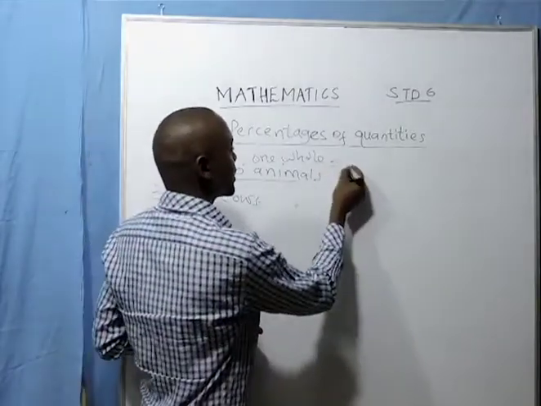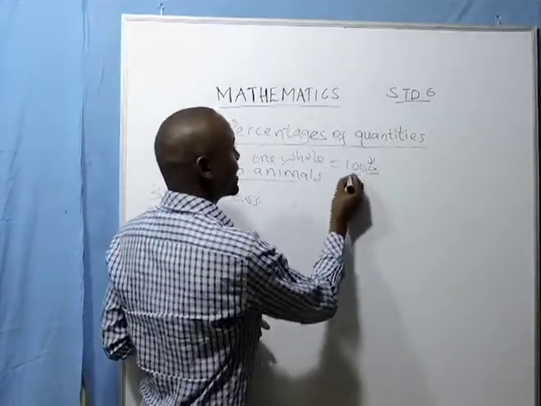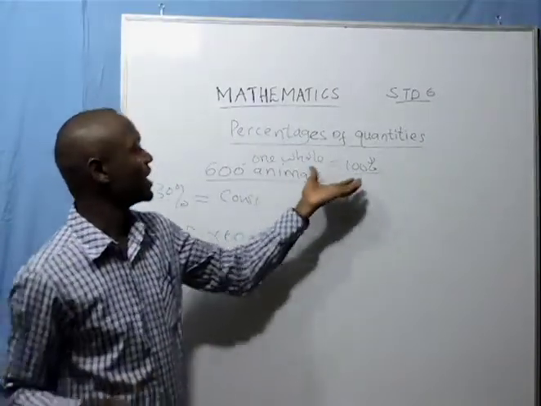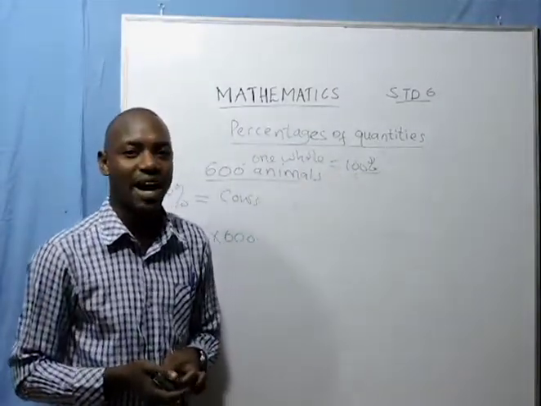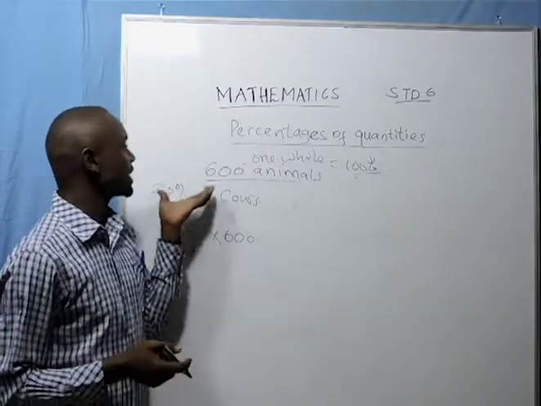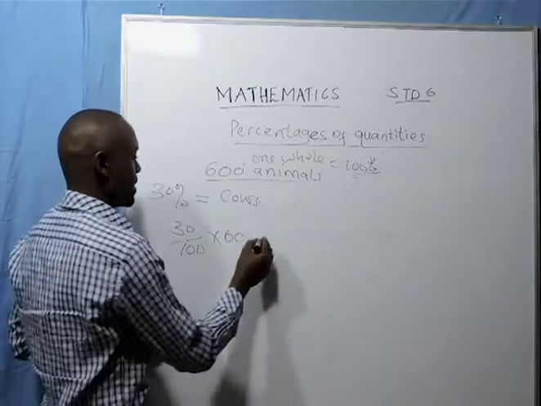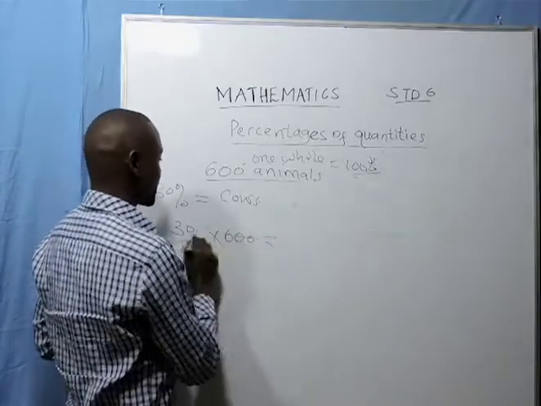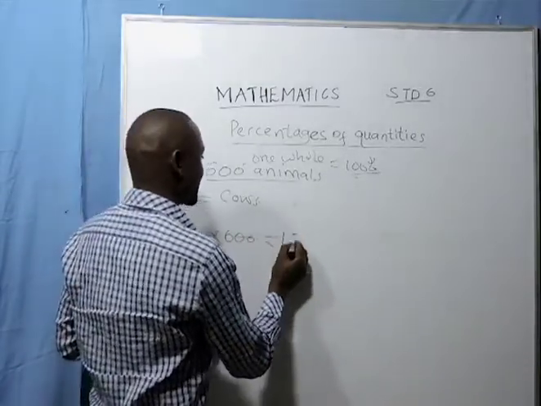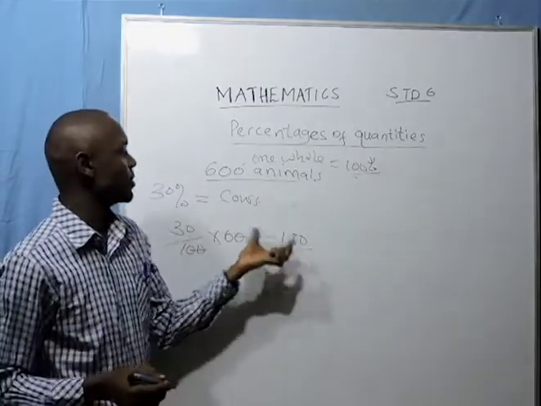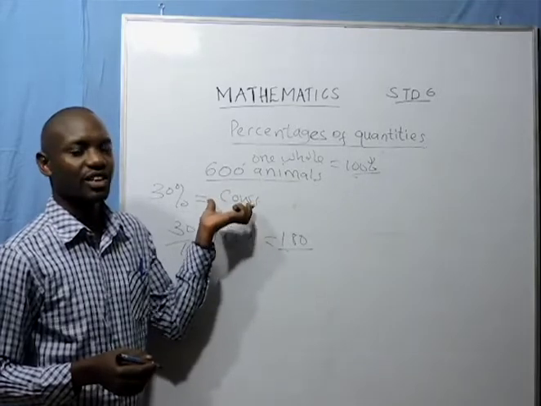A whole quantity is always represented by 100%. So 30% of 600 will be 180 animals. So 180 animals are the cows.